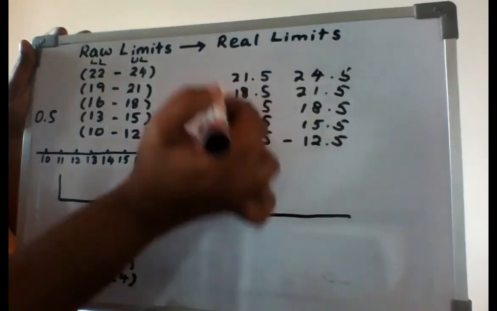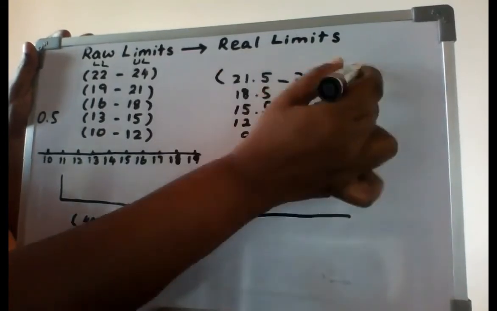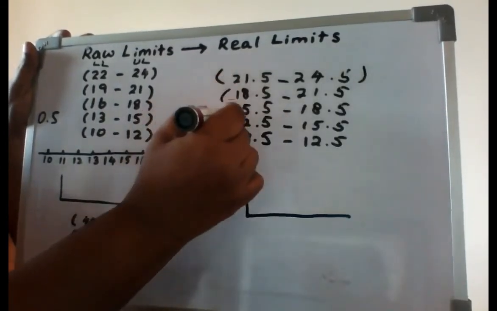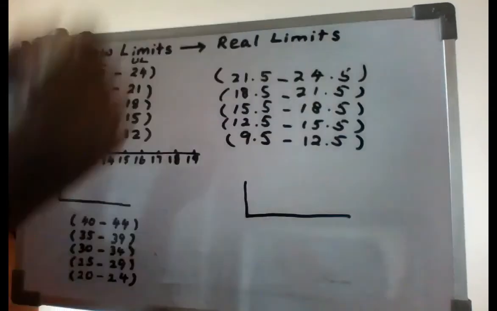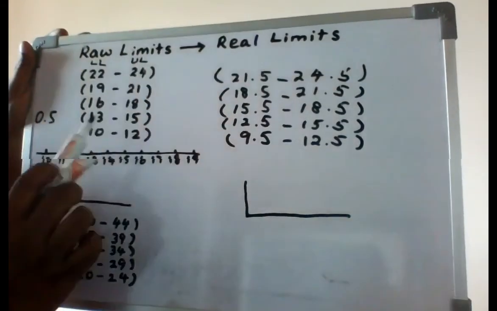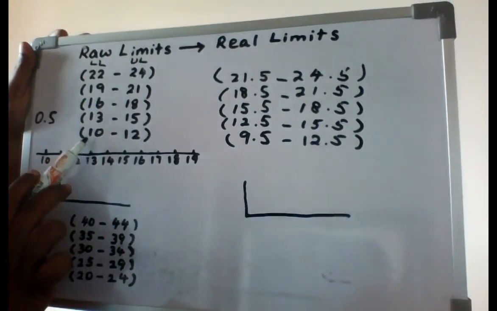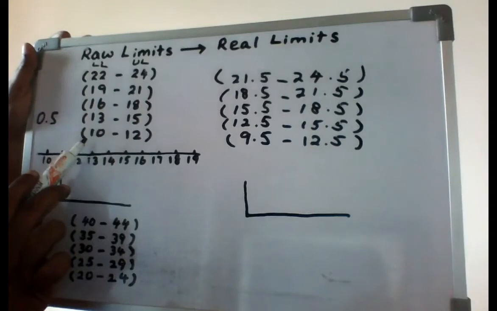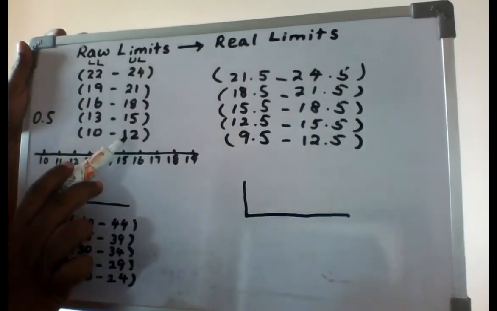So these are the real limits. Put the brackets. So how to convert this? You have to deduct 0.5 from the lower limit and you have to add 0.5 to the upper limit.